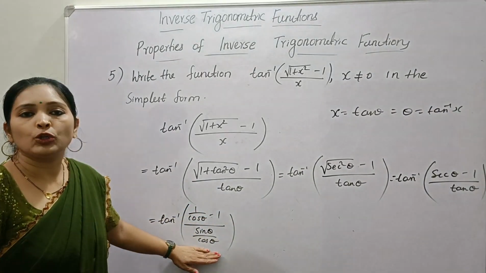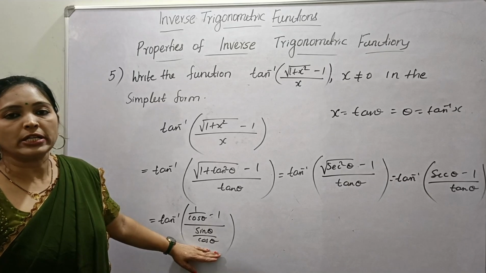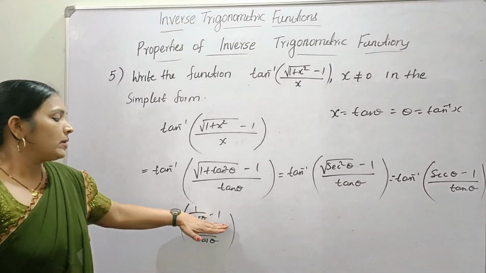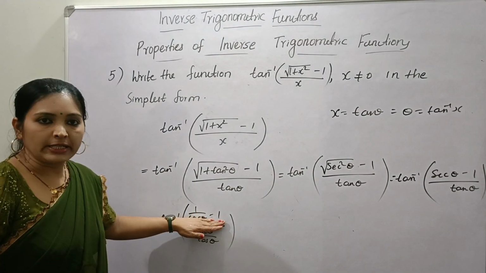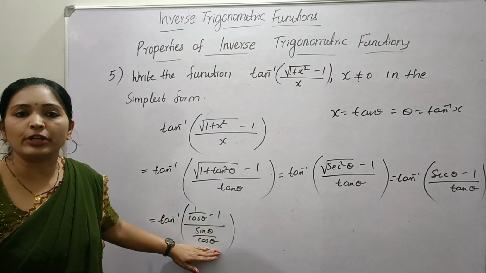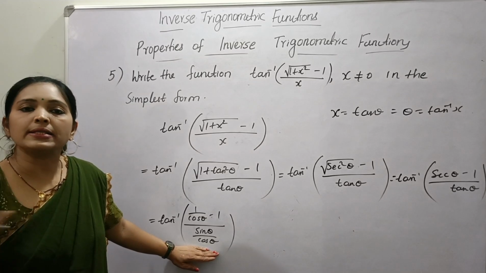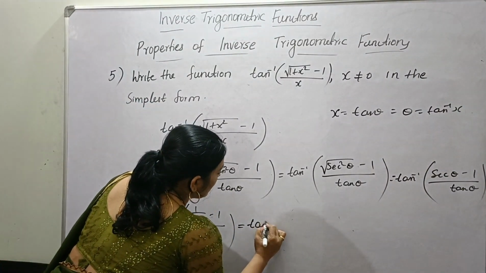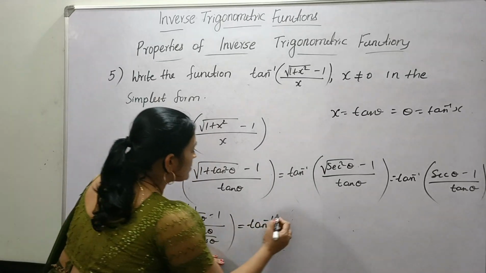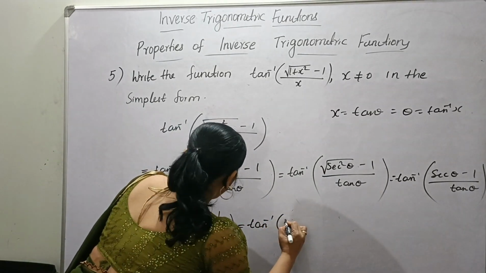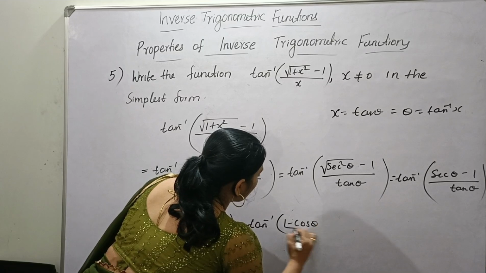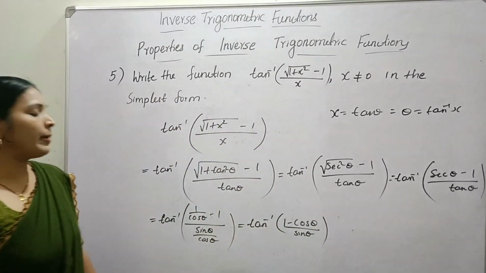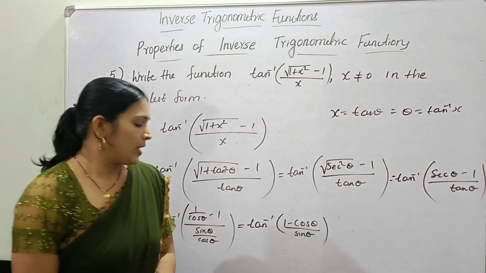And here also the denominator of the numerator and the denominator of the denominator, cos theta, is cancelled. So after cancelling, tan inverse of 1 minus cos theta divided by sin theta.